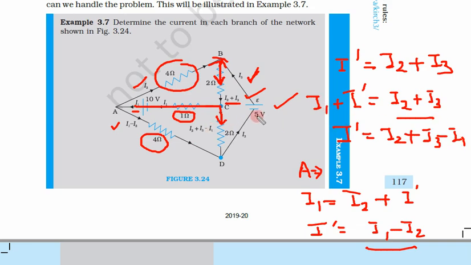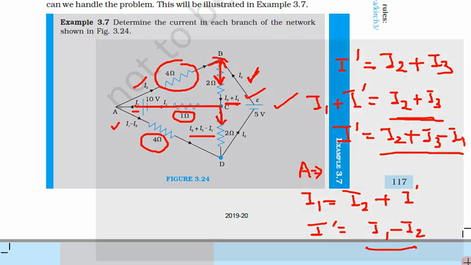I2 plus I3 has divided into two parts, I1 this side and I dash this side. I1 plus I dash is equal to I2 plus I3. I dash is equal to I2 plus I3 minus I1. So we have calculated the currents in each and every branch.